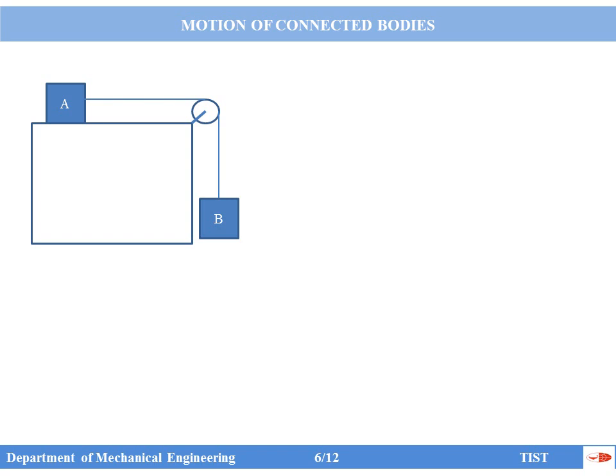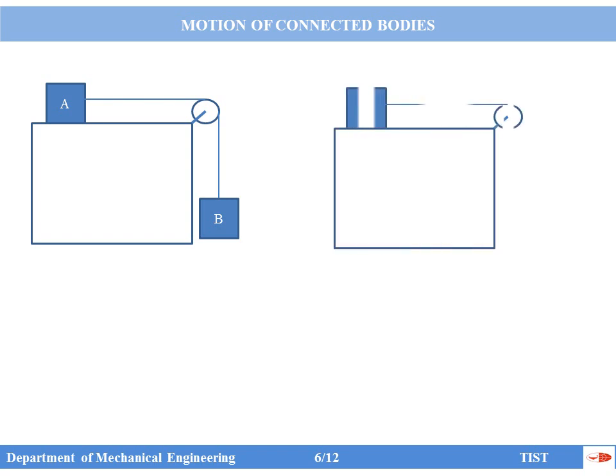Because of the motion of body B in the downward direction, the body A will move in the right hand direction. Since the body A is in sliding motion, there will be frictional force acting on body A. There is no frictional force acting on body B, since the body B is free from the contact surface, not entirely free. It is connected with a string.